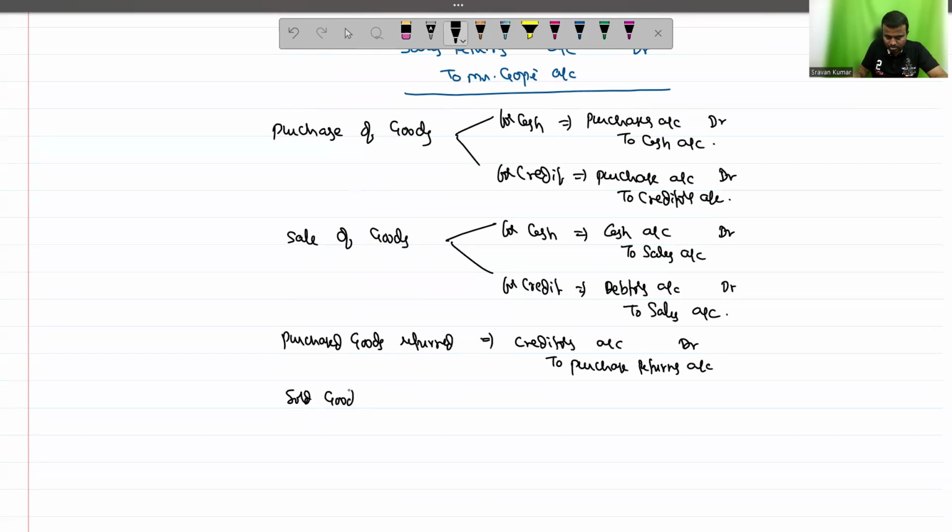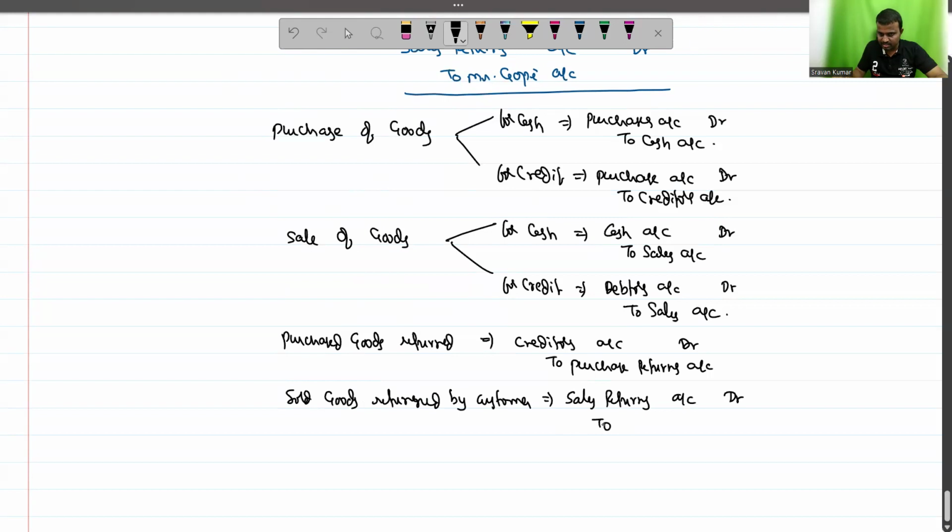And sold goods returned by the customer. Then we write the journal entry: Sales returns account debited to debtors. And these are the major transactions relating to the goods.